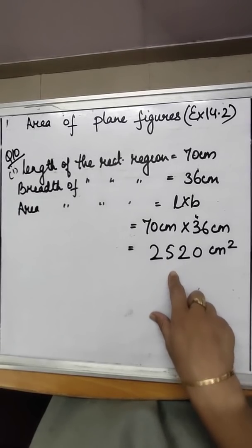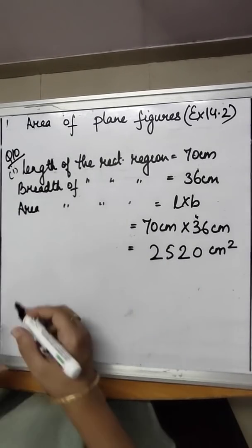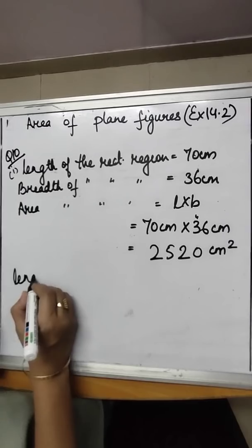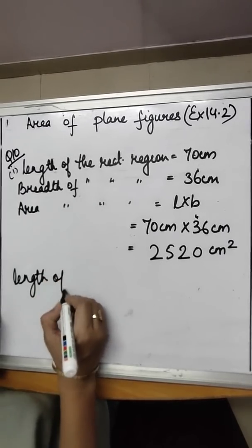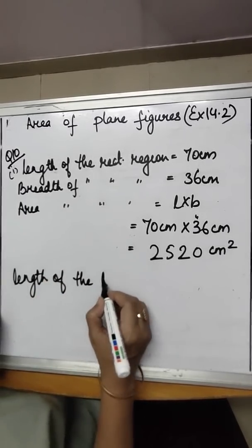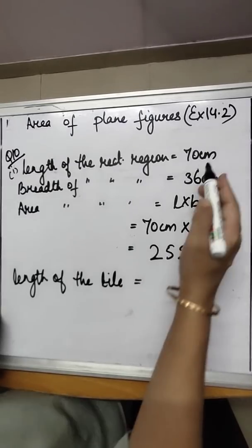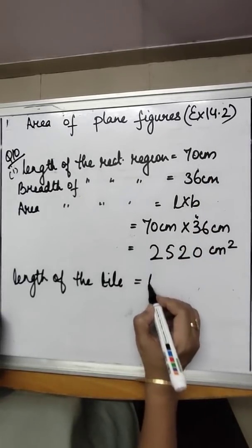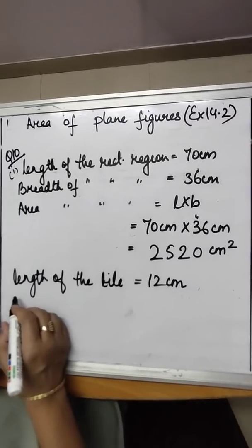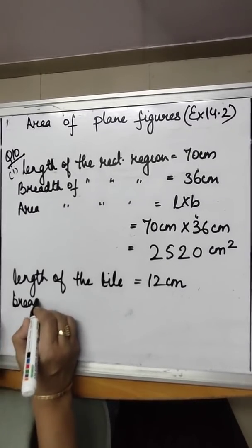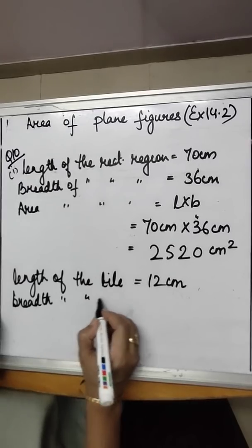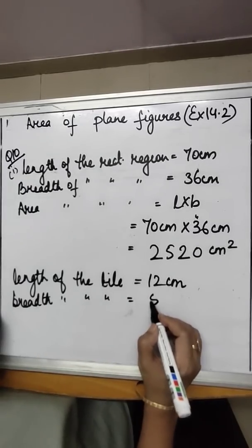Now let us find out the area of the tile. So the length of the tile is, and one very important thing is, this is in centimeter. Length of the tile is also in centimeter. Breadth of the tile is also in centimeter. So you don't have to convert anything in this question.